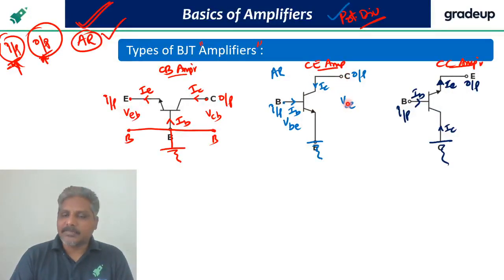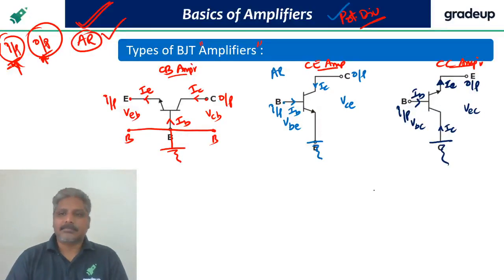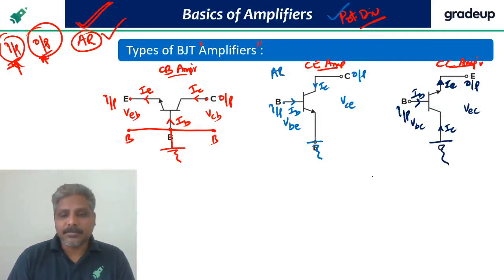Output voltage is VCE, input voltage is VBE. For common collector, output current is emitter current, input current is base current. Output voltage is VEC, input voltage is VBC. Clear?